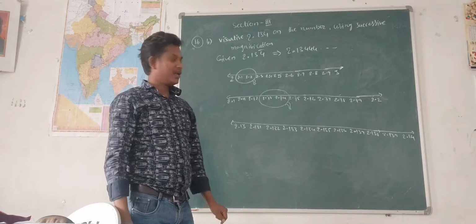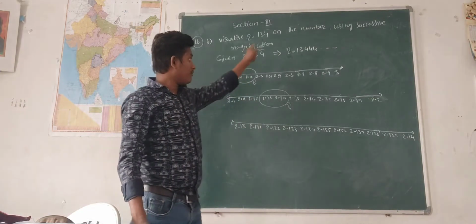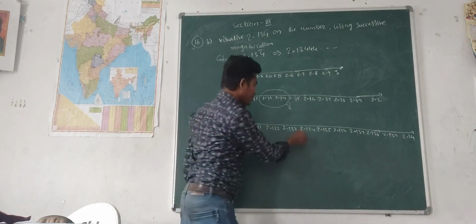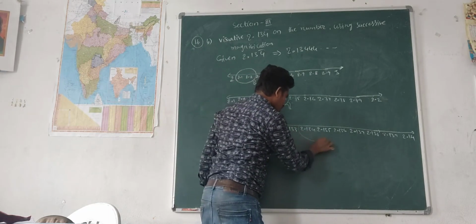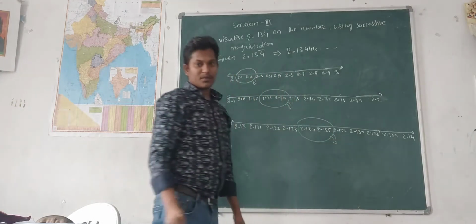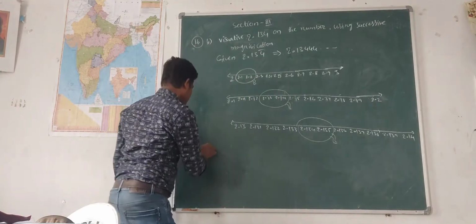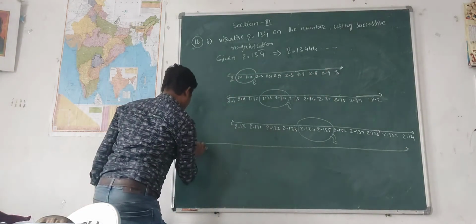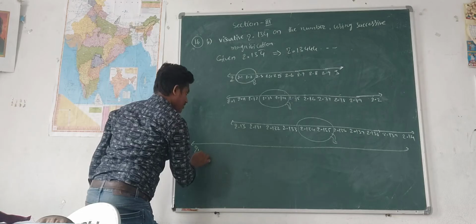Okay. Then next, which value? 2.134. Now where is 134? Here my 134, and I am taking this value 134 and 135. Okay, and this is 2.134.